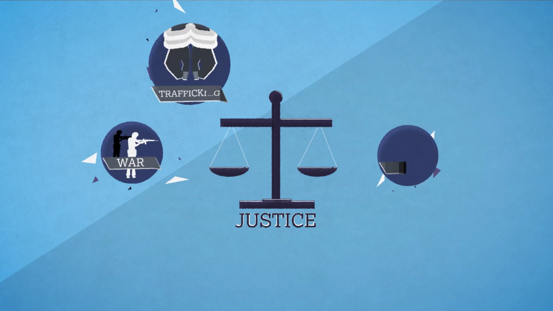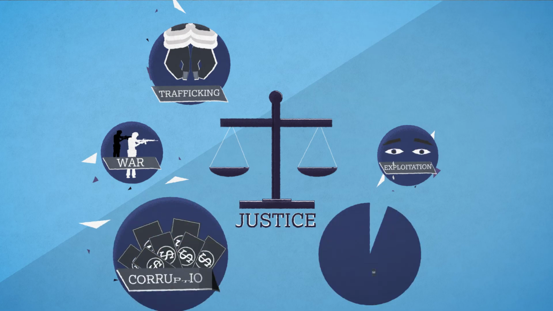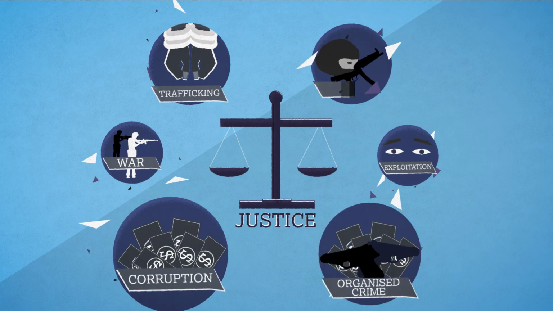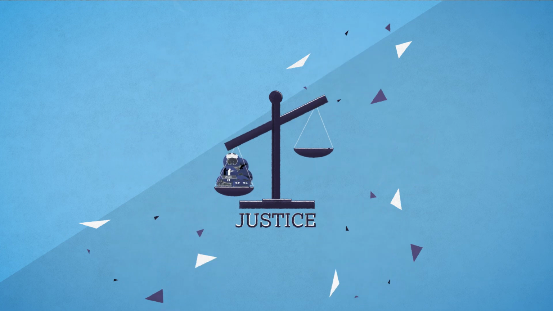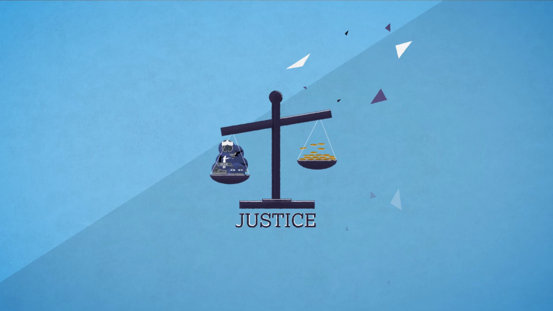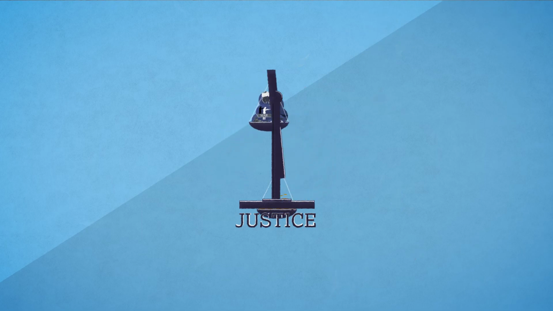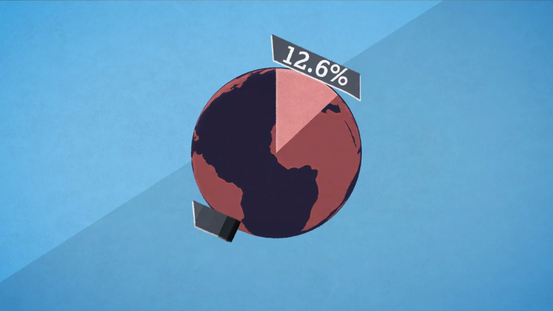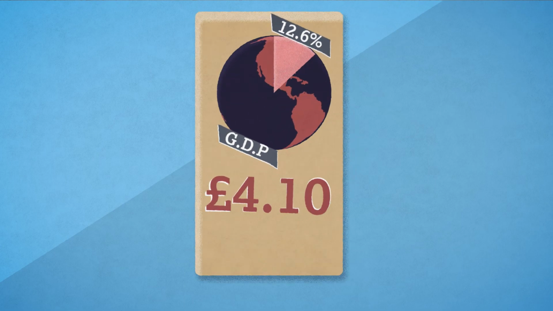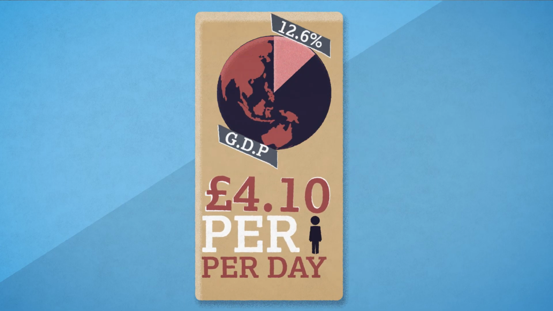War, trafficking, exploitation, corruption, organised crime, or terrorism all work to perpetuate inequality, and according to the Institute of Economics and Peace, violence costs 12.6% of world GDP. That's around £4.10 per day per person globally.